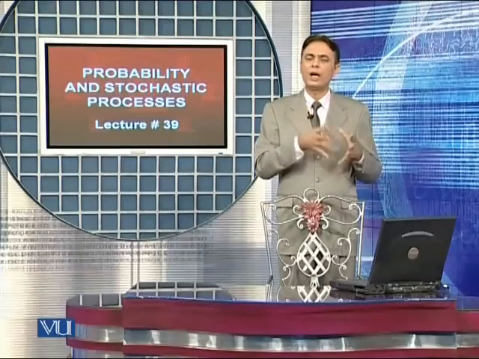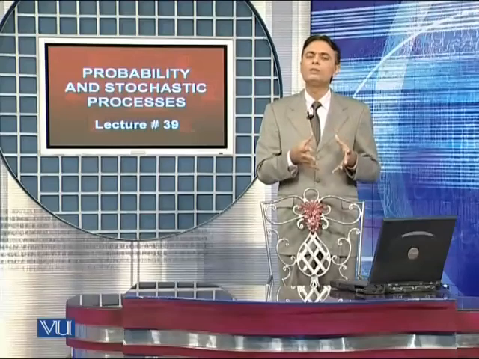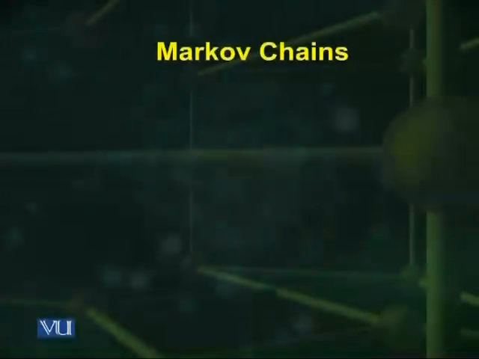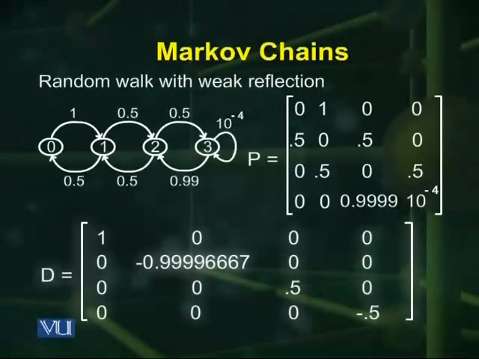You will perform eigenanalysis of that, and what you will get is again 4 eigenvalues, and these eigenvalues will be 1, minus 0.99996667, very close to -1, that is magnitude very close to 1, and other two numbers will be very close to 0.5 and -0.5. One will be slightly more than 0.5 and the other slightly less than 0.5.